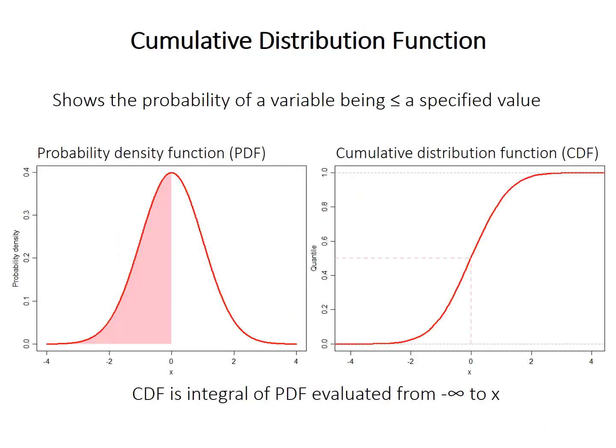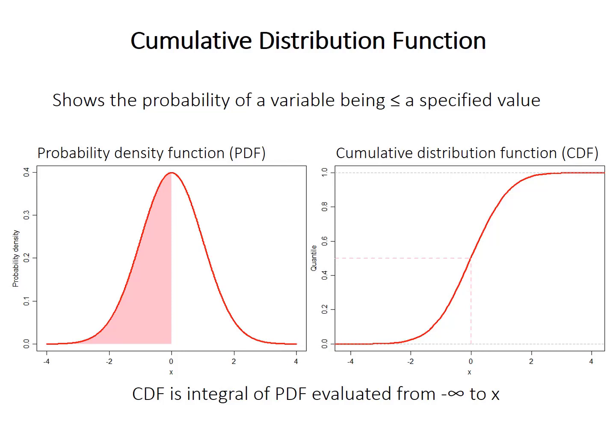Before discussing the KS test, we need to cover something called a cumulative distribution function, or a CDF. Basically, a CDF, shown on the right here, indicates the probability of a variable being less than or equal to a specified value. In the CDF shown on the right, the horizontal dashed line indicates a probability of 50%, or 0.5.